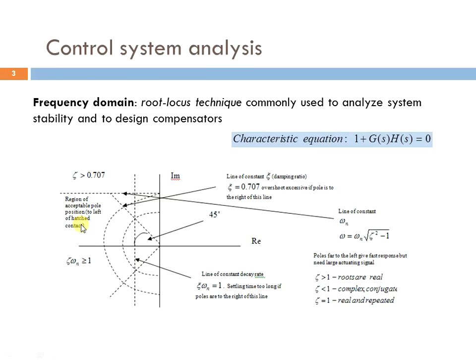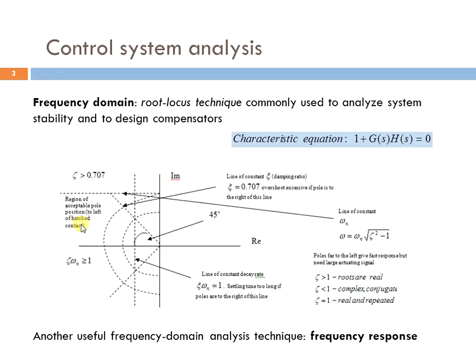The root locus technique allows us to see how variations in system loop gain affect the location of the closed loop poles, which in turn affects the system's stability and transient response. It also enables us to design a compensator so as to improve the overall control system response.